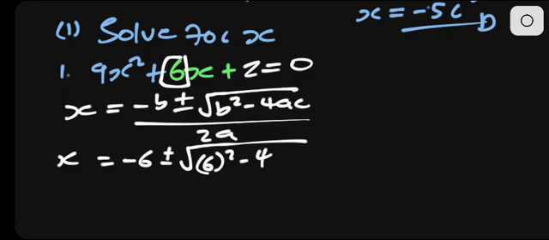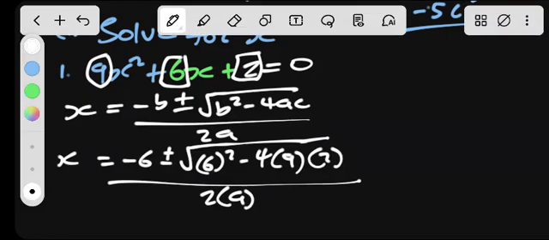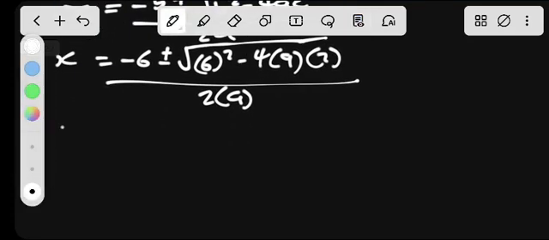Minus 4a, a is 9, multiply by c, c is positive 2. There, we divide all of this by 2a, 2 times 9. That is what we have.